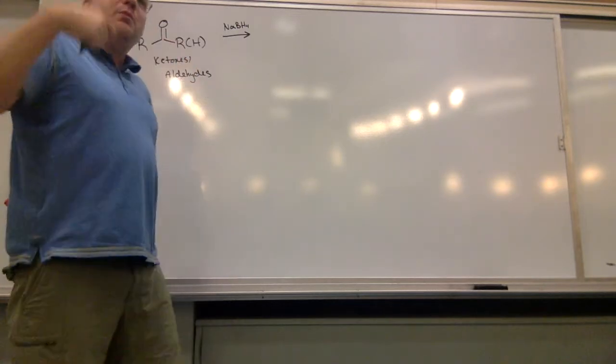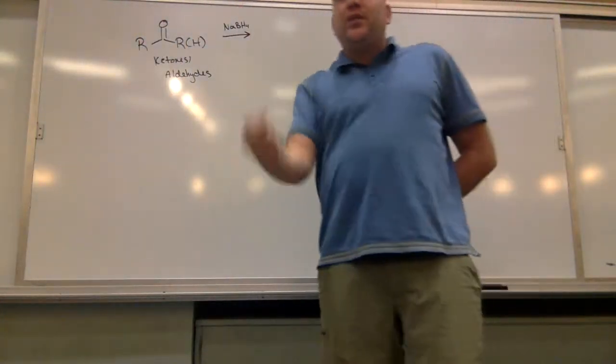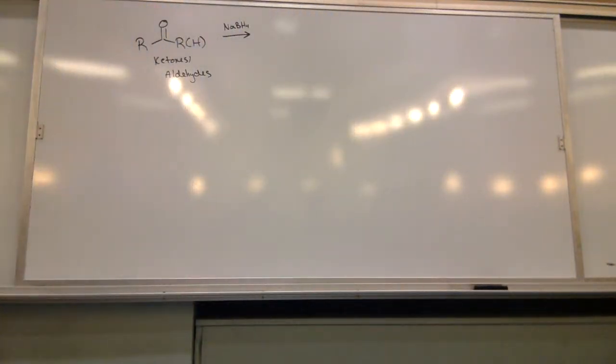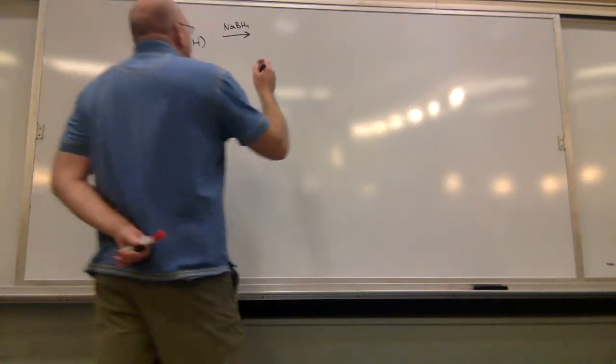From a mechanistic standpoint, we can think about this as H minus nucleophilically adding in, and then you quench it with a proton source. So you're adding hydrogen across this, in the form of H minus followed by H plus.